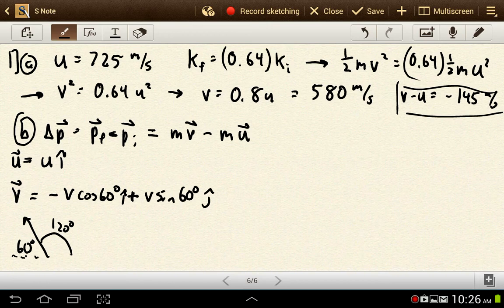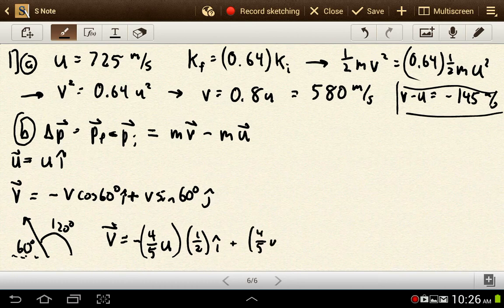I can also plug in that v equals 0.8 u, so I get the v vector equals negative 4/5 u times the cosine of 60 degrees, which is 1/2, in the i-hat direction, plus 4/5 u times the sine of 60 degrees, which is radical 3 over 2, in the j-hat direction.